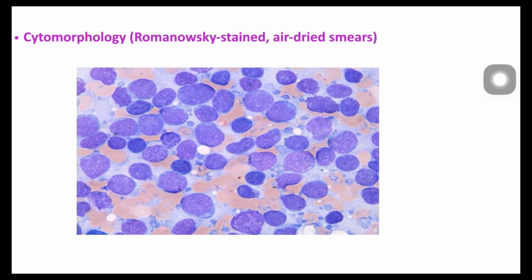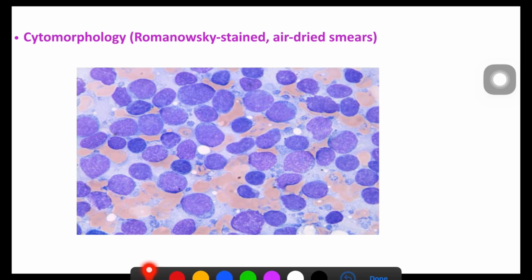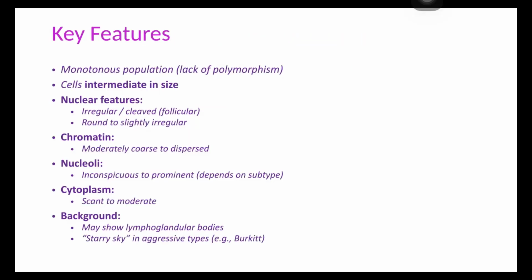So, here this is the small lymphocyte and these are the monotonous population showing size larger than these small lymphocytes, and this is the intermediate size pattern. Key features of this pattern show a monotonous population with lack of polymorphism, cells having intermediate size, nuclear features showing irregular or cleaved nuclei, which is seen in follicular pattern, round to slightly irregular nuclear membrane.